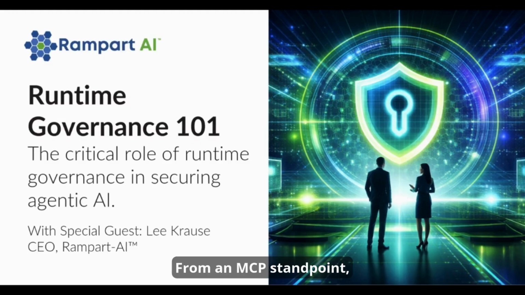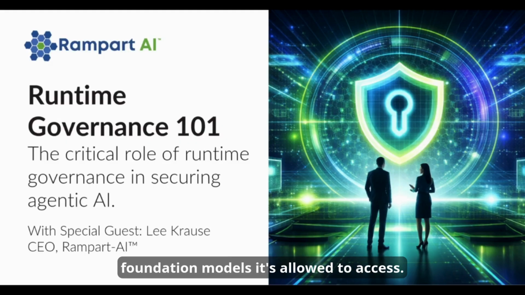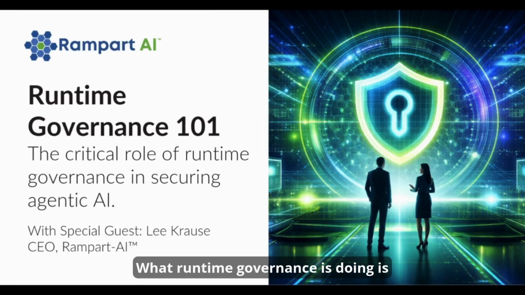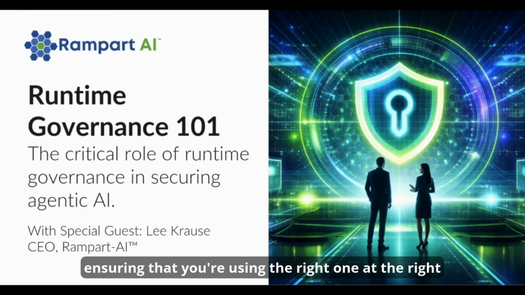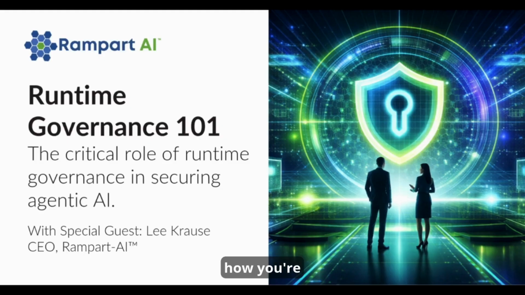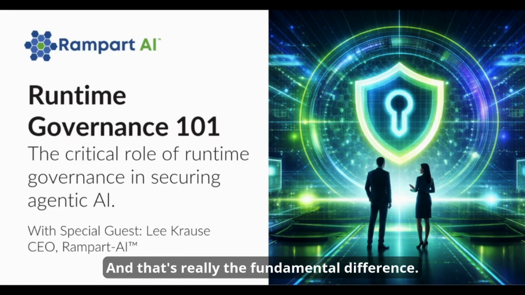MCP is really the set of tools, data, and foundation models the system is allowed to access. It's basically a way to call them efficiently. What runtime governance does is ensure that you're using the right one at the right time, and that you're not being pushed or drifted off course along the way. So how you're using the MCP interface is monitored by runtime governance. And that's really the fundamental difference.